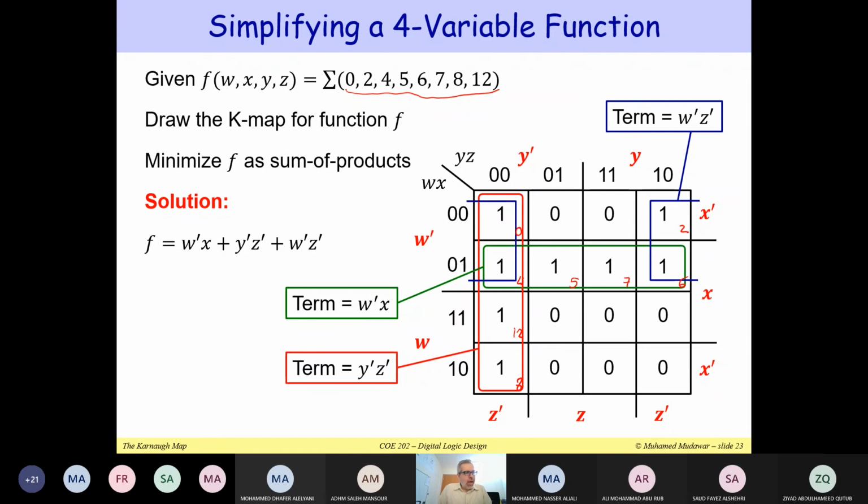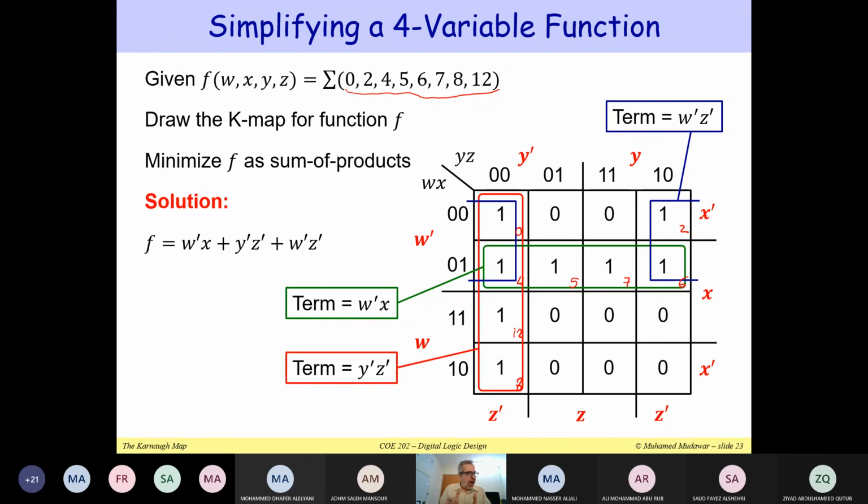The reason why we do this is to minimize the term. I could have combined 5 with 7 without combining it with 6 and 4, but this would result in a longer expression. The purpose is to cover all the ones inside the function. In order to get it minimized, I have to maximize combining squares.